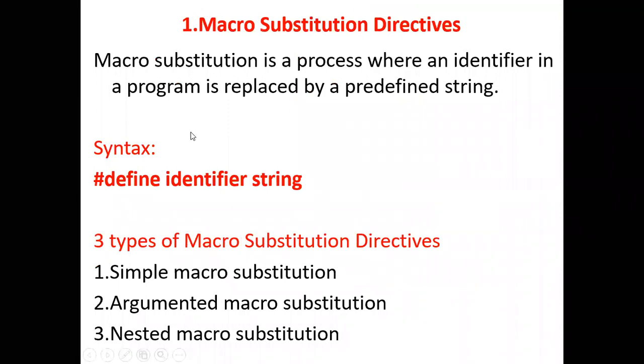First, moving on to macro substitution directives. Macro substitution is a process where an identifier in the program is replaced with the predefined string. So this is an example for macro substitution, where we write an identifier, and that identifier in the program will be replaced with this predefined string.